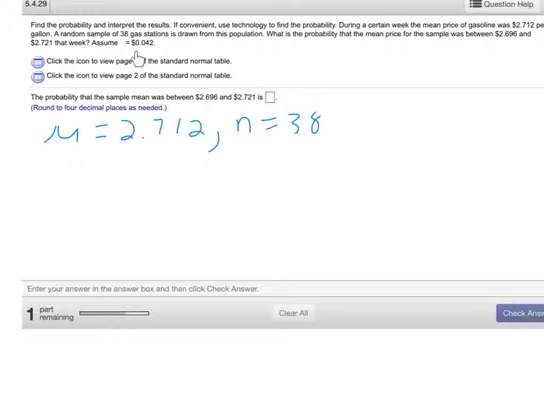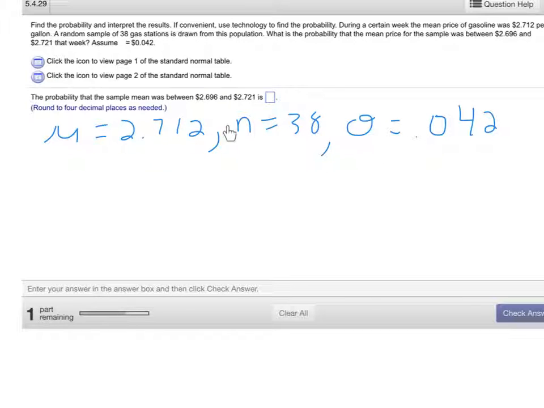Assume the standard deviation, oh, that symbol didn't come through. That standard deviation is $0.042. So the standard deviation for the population is 0.042. We have the mean for the population, and the standard deviation for the population.